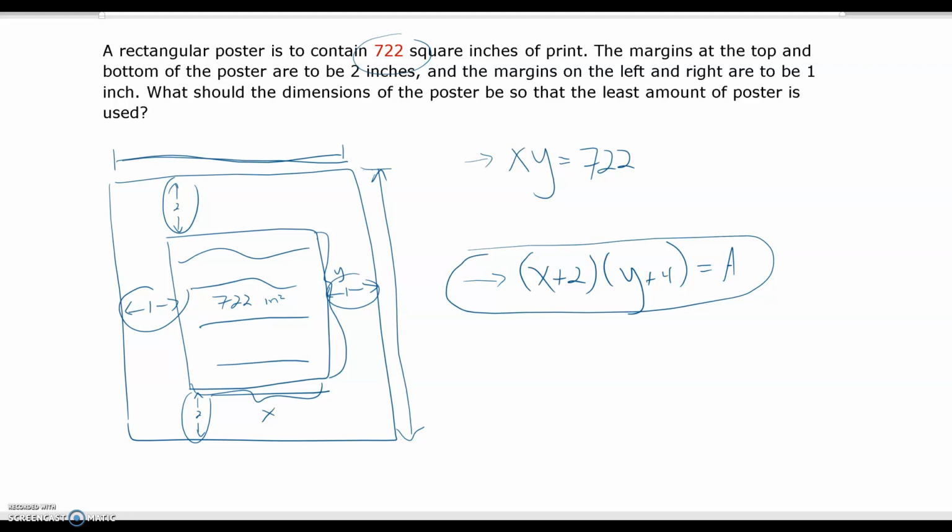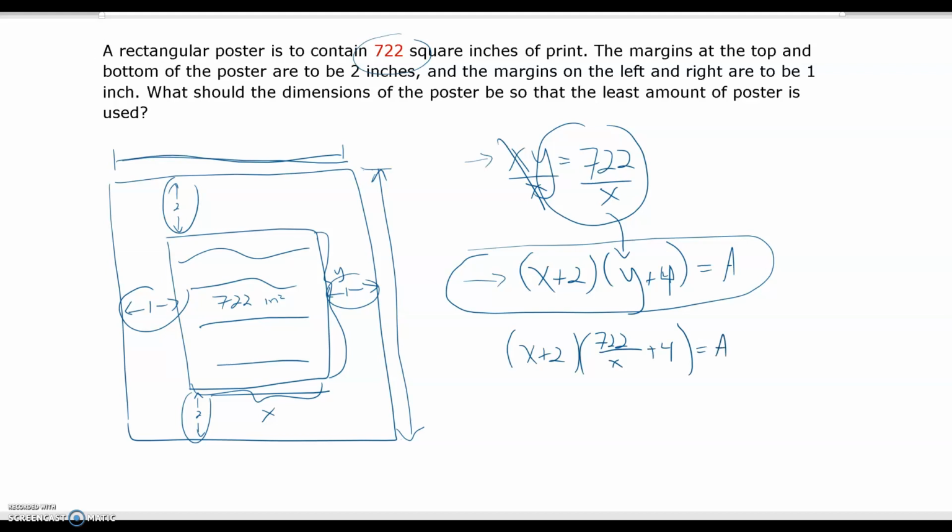But first, it's a function right now of 2 variables, so I need to sub out one of the 2 variables, right? And I'll just solve this for y. And I get y equals 722 over x, and that's going right here. Okay, so I got x plus 2 times 722 over x plus 4 equals A, right?